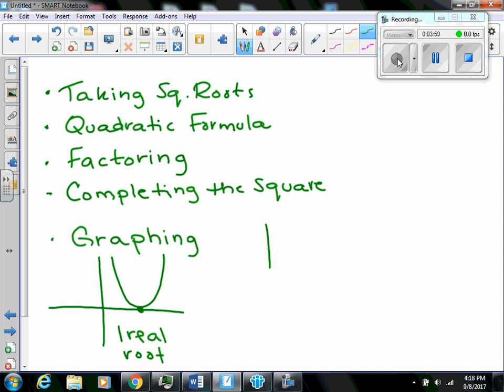Then you have two real roots. If you have two real roots, the parabola is going to intersect the x-axis twice. And whatever those two places of intersection are, those are your solutions. So this would be two real roots.